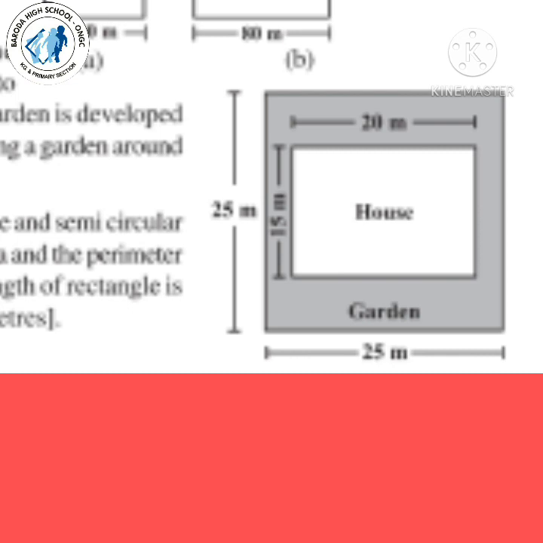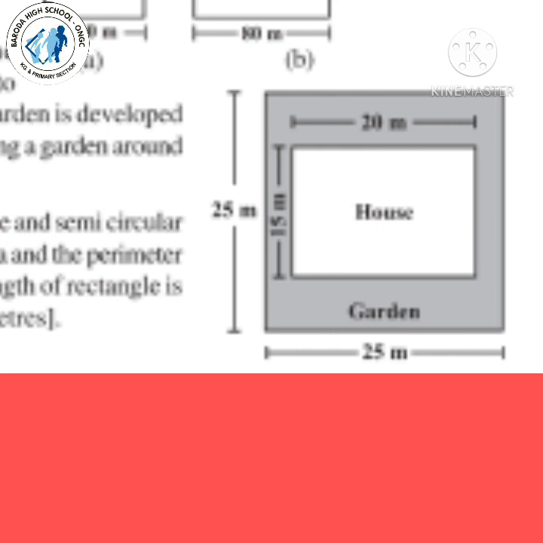And then find out which field has the larger area. Let us move towards sum number 2. Mrs. Kaushik has a square plot. See, it is shown here in the figure. In this, she wants to construct a house in the middle of the plot. We can see the house, and a garden is developed around the house. We need to find the cost of developing the garden, at the rate of 55 rupees per meter square.